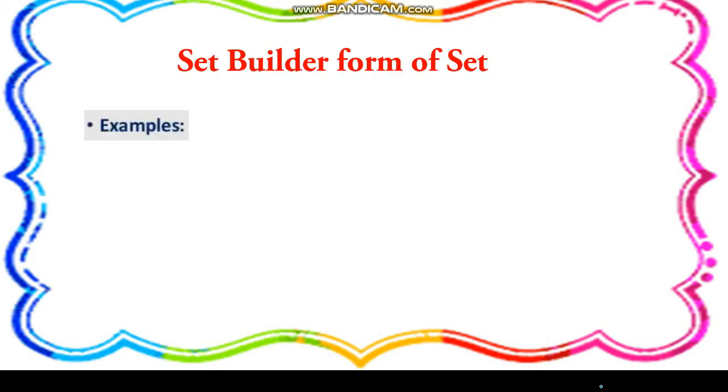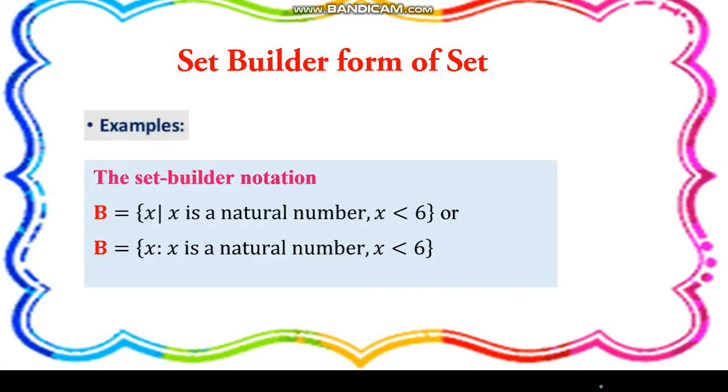Now a few more examples of sets in set builder form. These two sets are also written in set builder notation. Both the sets are the same. The only difference is the vertical line and these two dots or colon. So what is the set?